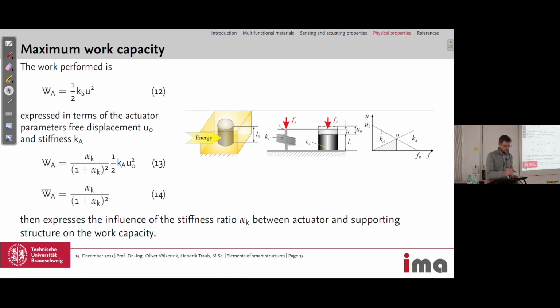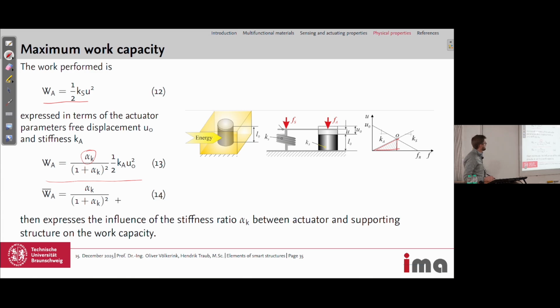And this performed work can also be written as WA equals half, or 0.5, times Ks times U squared. So this is this area. And you can also express this in terms of the stiffness ratios of the material, with the alpha K again, and then you have this equation.